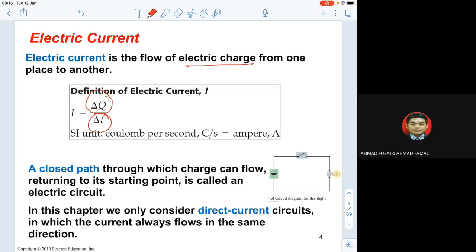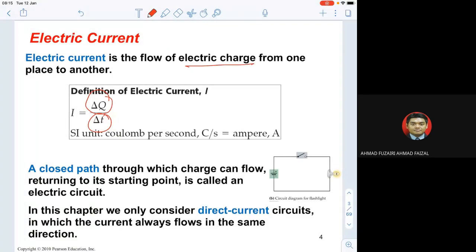But here, we will learn about electric current. When we want to learn about electric current, that means the charge, specifically electrons, moves as a function of time. That's why we can say that I is equivalent to Q over T, quantity of charge per unit time.